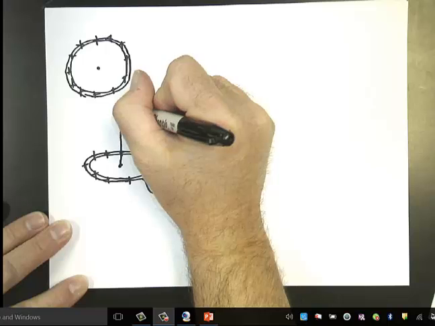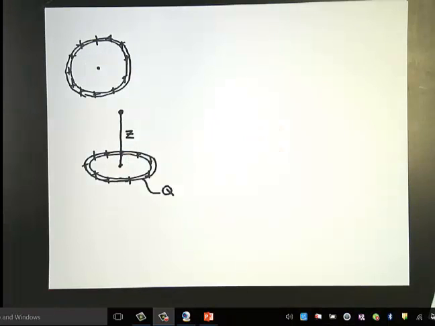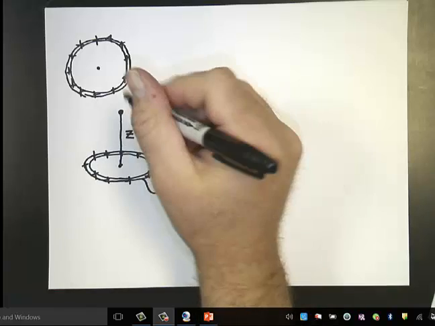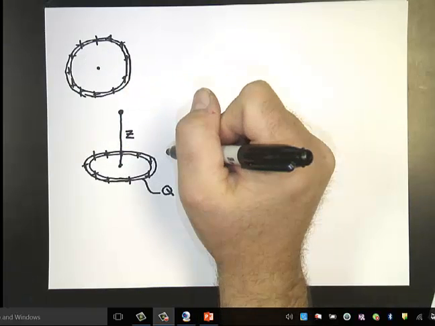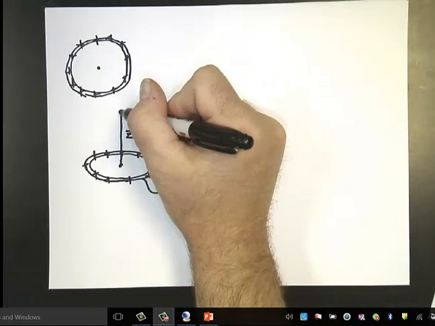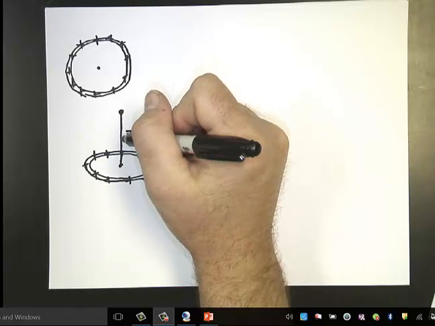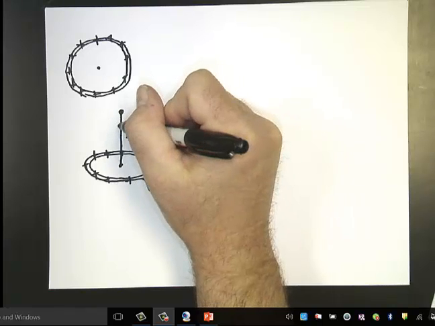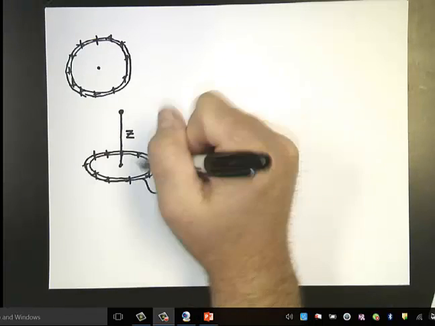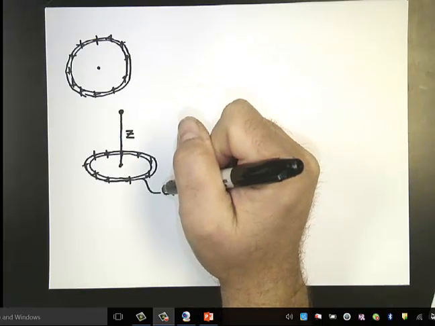And we'll say, okay, what's the strength of the field right there? Now, that's a tougher question. The strength of the field is not going to be 0. If we put a positive charge here, it would probably be repelled by the ring because the ring is positively charged as well.